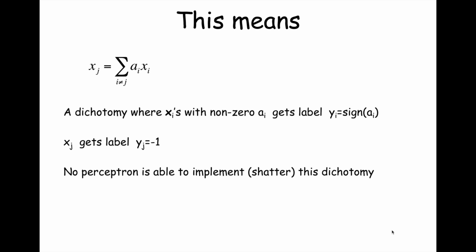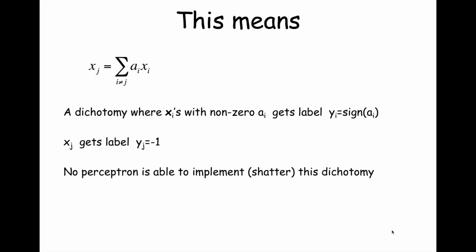So we've come up with a dichotomy, a way of assigning +1 and -1 labels to all of the data points. And there are d plus 2 of them in d dimensions. Some of them are synthesized, and some of them are not synthesized. And we have a labeling for each one, okay? Any questions about this? All right, so no perceptron is able to shatter this dichotomy.